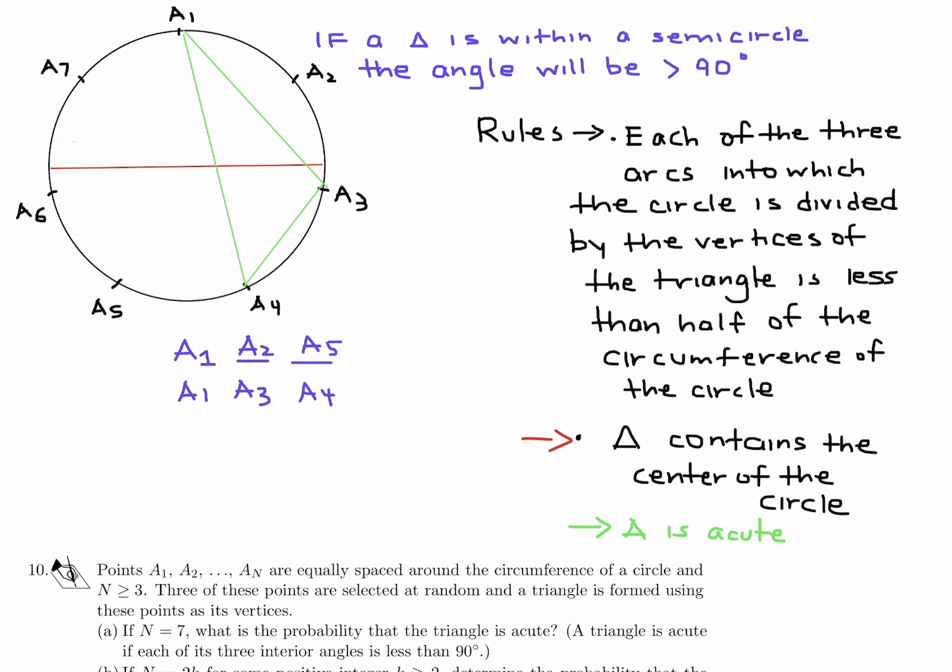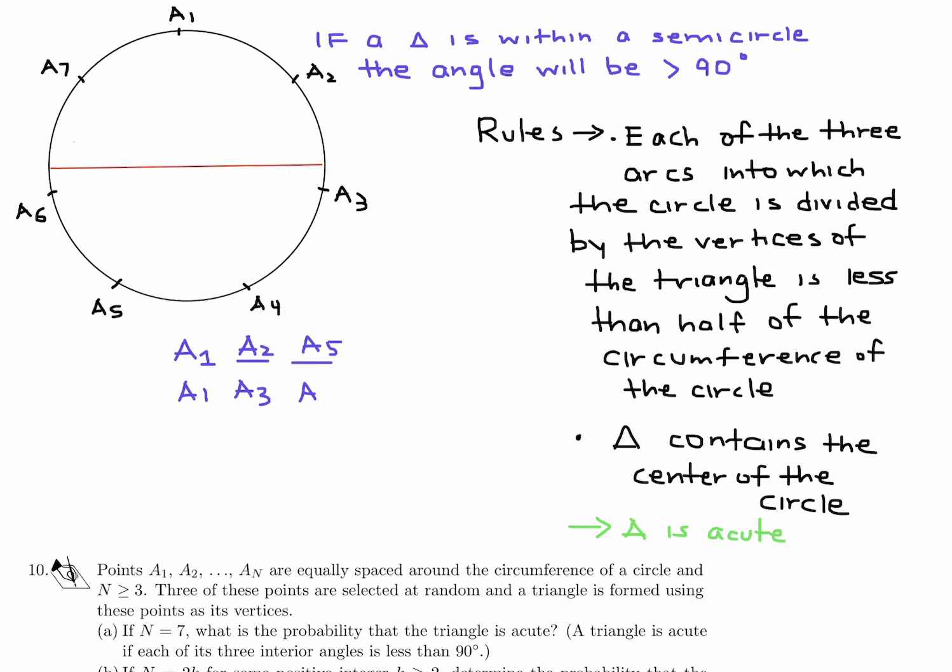Each of the arcs has to be less than half the circumference. Well, one of the arcs that is created is obviously bigger than the half circumference, correct? Just by inspection you can see that. So that triangle doesn't satisfy either rule. So A4 is out.